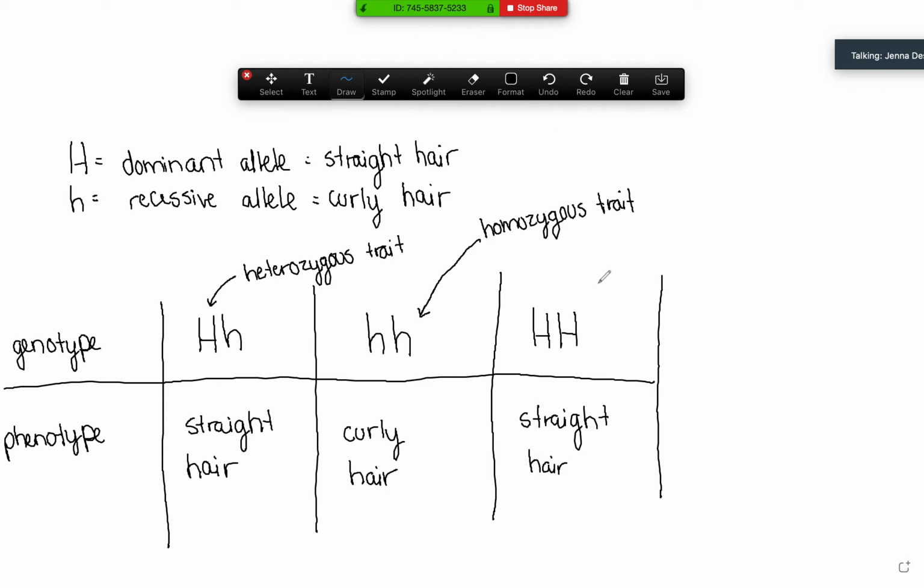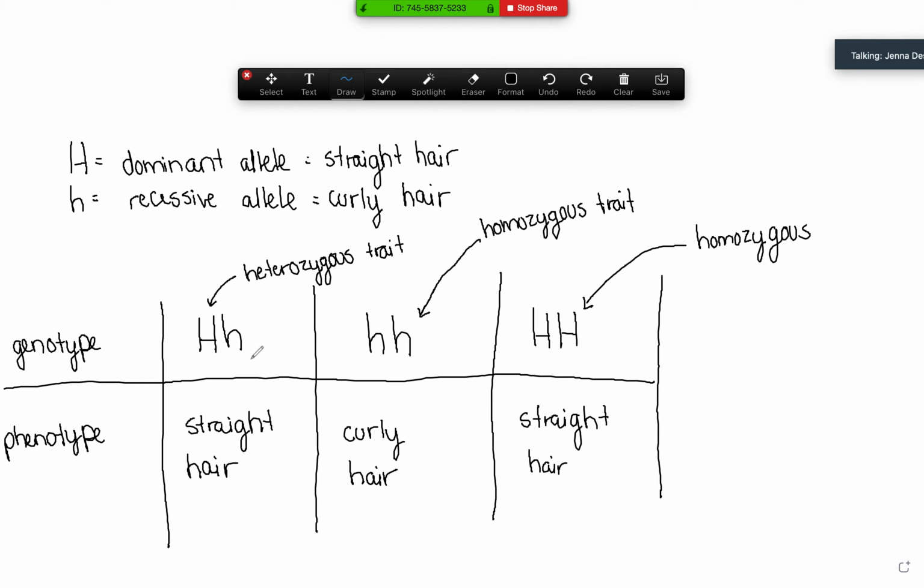All right? This trait would also be homozygous because we have two of the same allele. We have two capital H's, okay? So homozygous would be two capital H's. Homozygous would also be two lowercase h's. And a situation where we have a heterozygous trait is when we have a capital H and a lowercase h, which is one of each, okay?